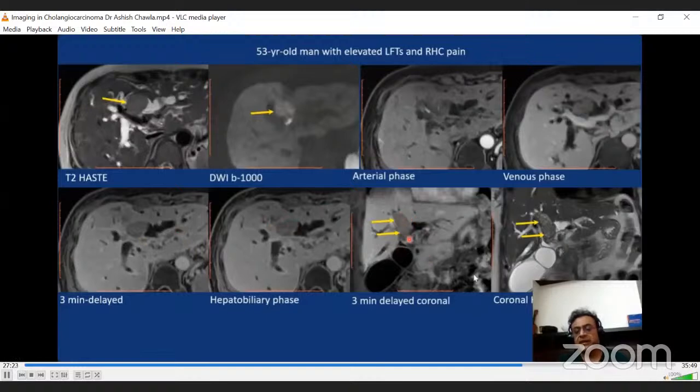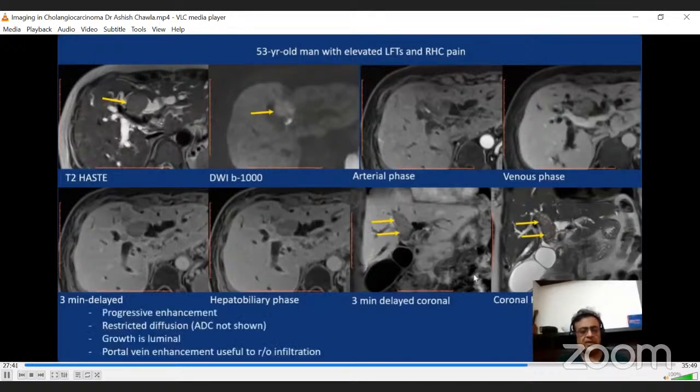The 3-minute delayed phase shows that the mass is growing within the duct, expanding the duct, and there is upstream dilatation of the duct. This is T2, probably HASTE. The mass is located in the duct. So this is how the intraductal cholangiocarcinoma looks like.